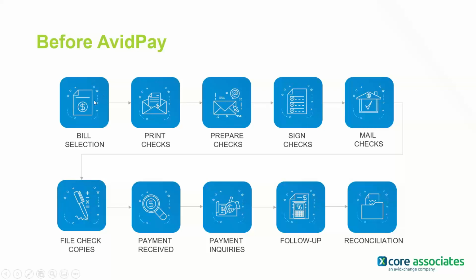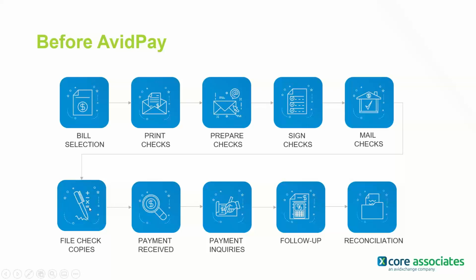So we go through the bill selection. We print the checks out of Sage 300, prepare the checks, get them signed. Checks have to be put in envelopes and mailed out.